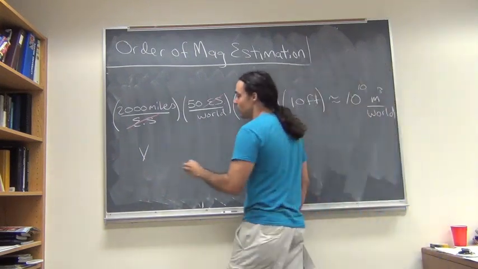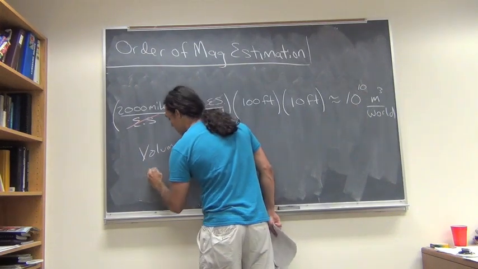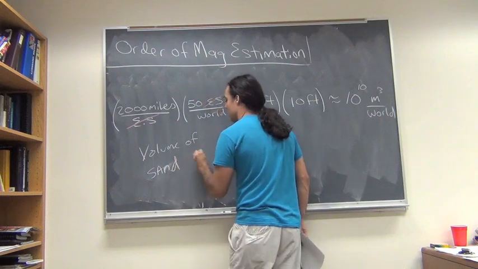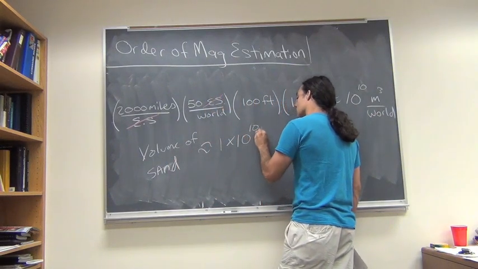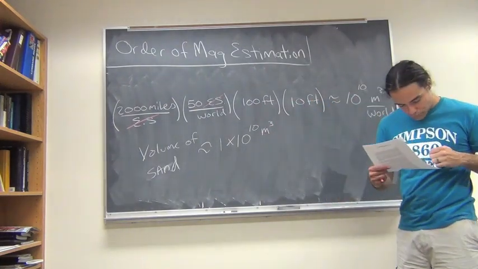So we can write the volume of sand is about 1 times 10 to the 10 meters cubed. It's my total volume of sand.